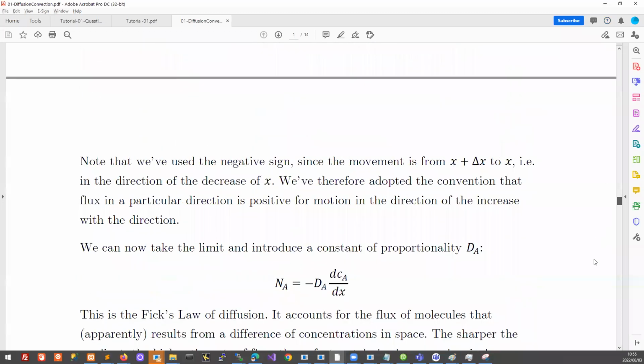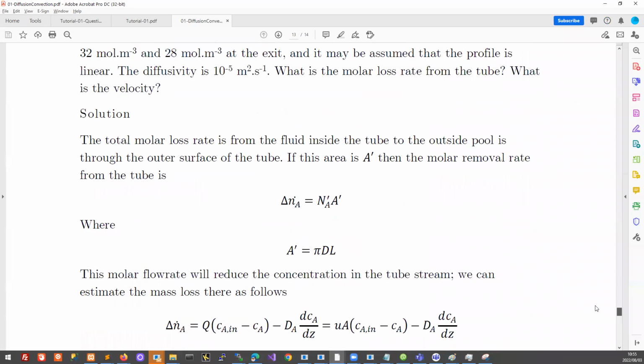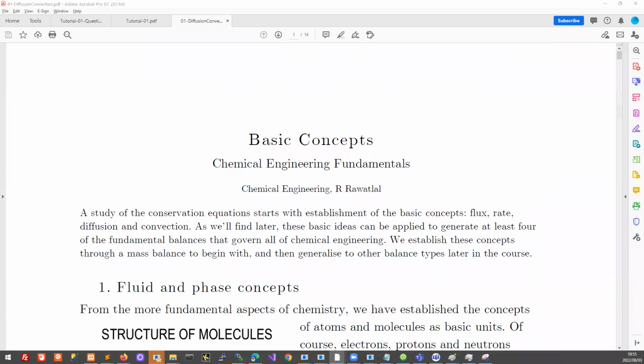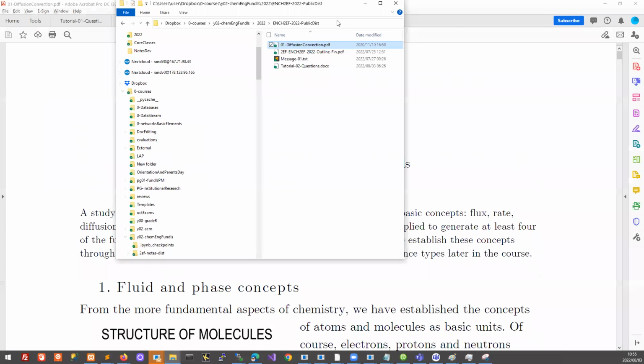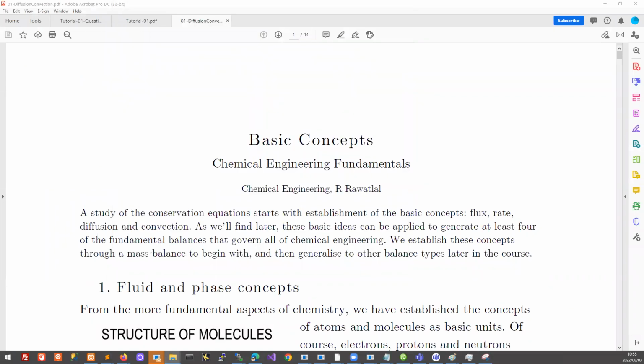So let's see. Actually, I don't think I shared that yet. Let me just put that across. So in terms of diffusivity, we have a number of correlations available to us.